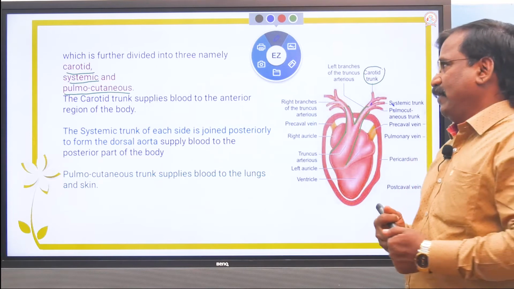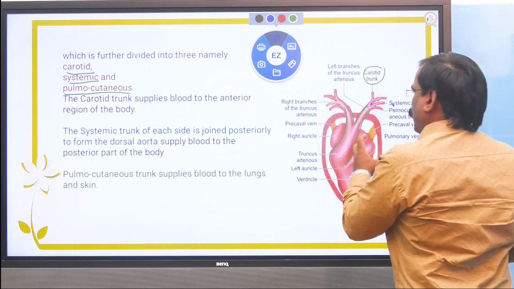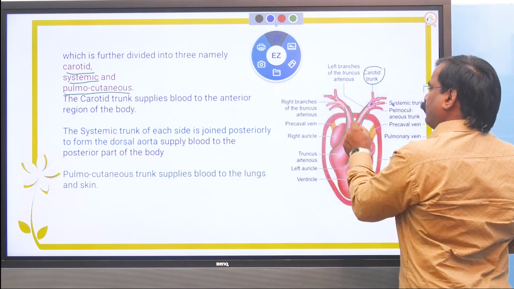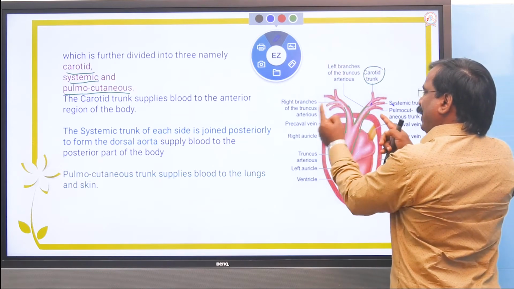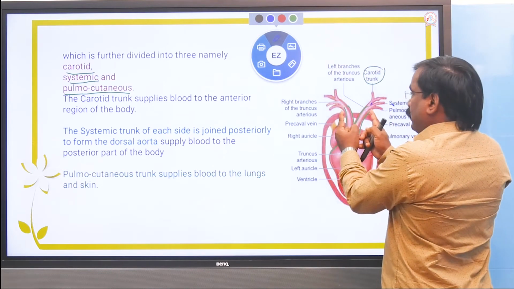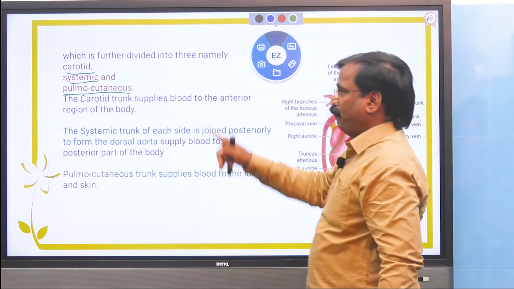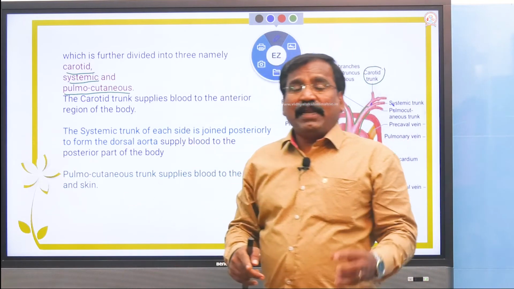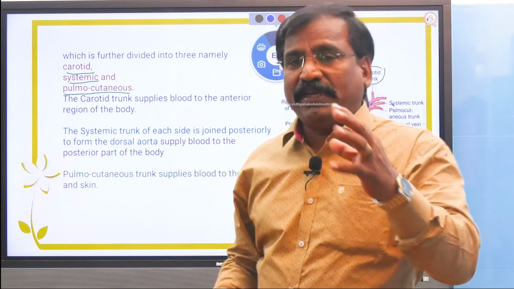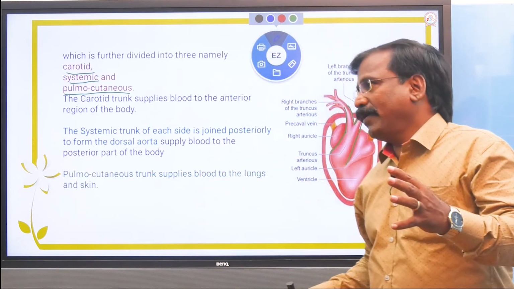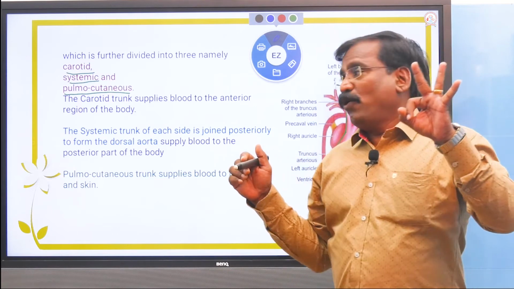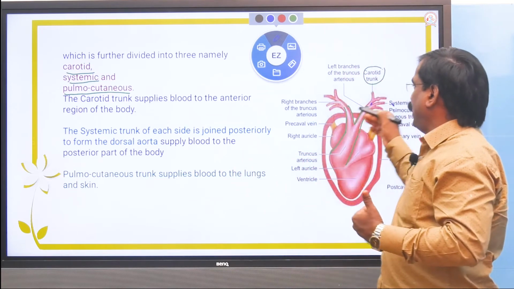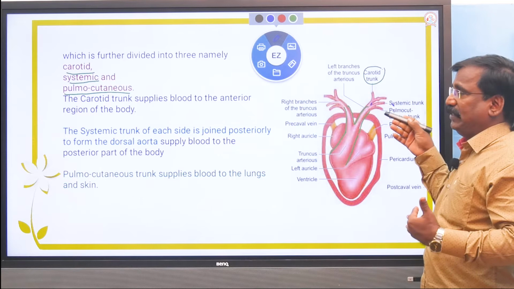The Truncus Arteriosus is divided into left and right Truncus Arteriosus, each further divided into 3. Now you know the names: carotid, systemic, pulmocutaneous. What is the role of each trunk?